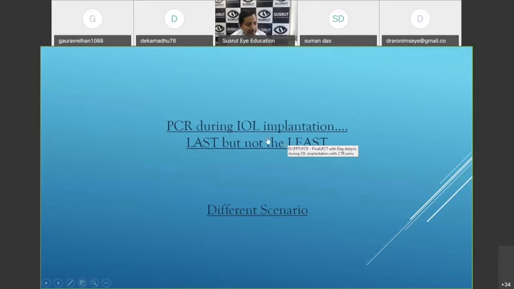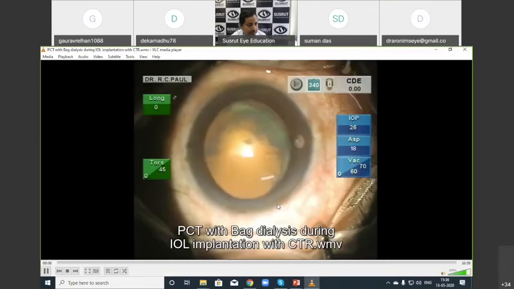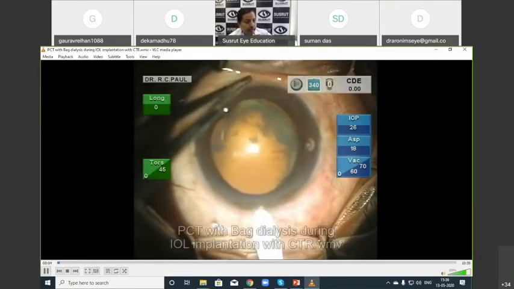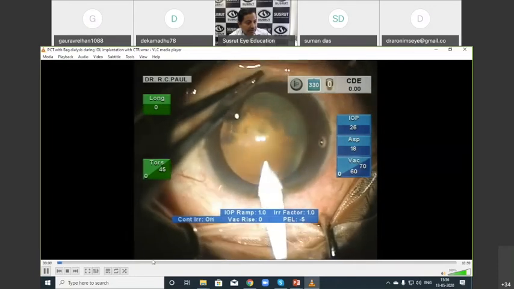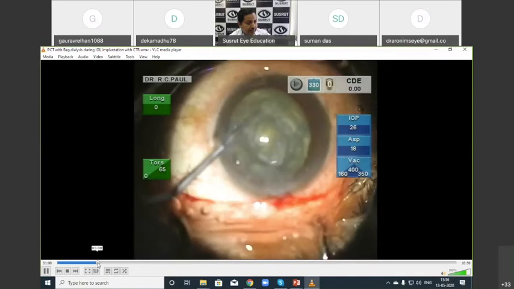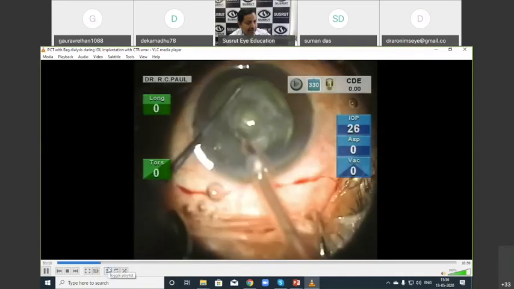I'll be discussing here one case of mine to share with you. This is a routine case, incision. Nothing to be shared that much. This is in the morning OT.